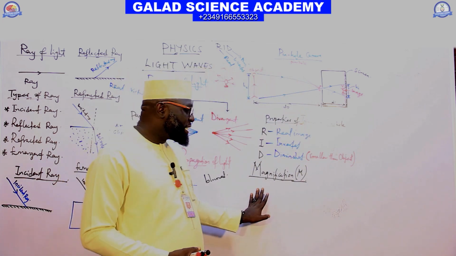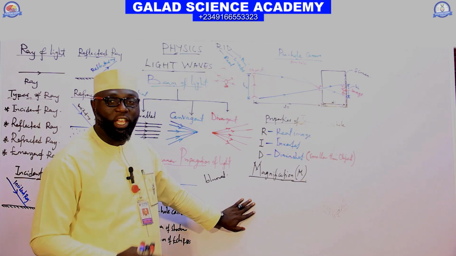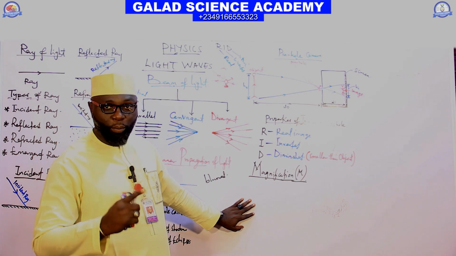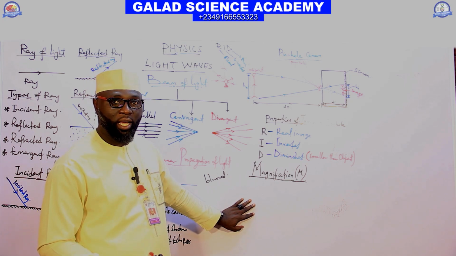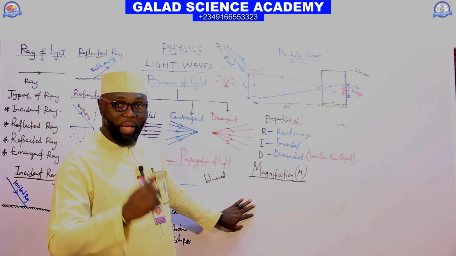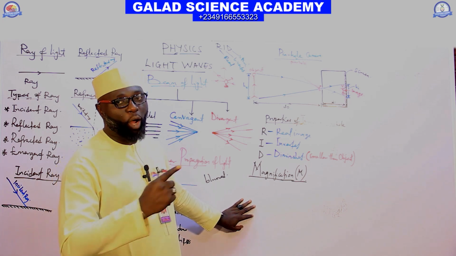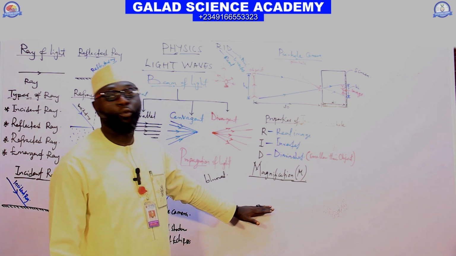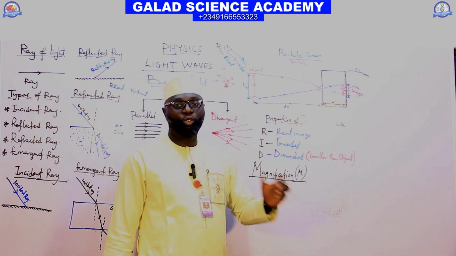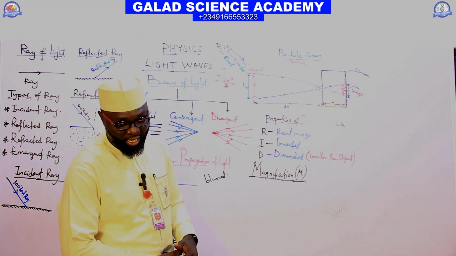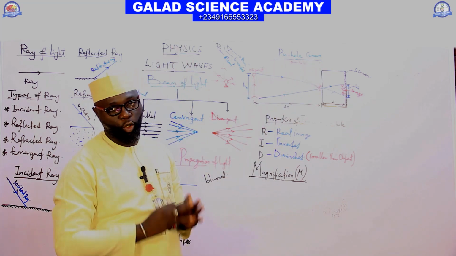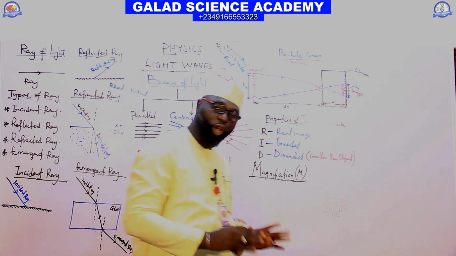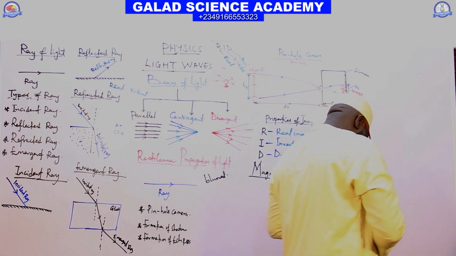Magnification is the ratio of image size to the object size. Magnification is the ratio of image size to the object size. And it has no unit. It is also dimensionless.